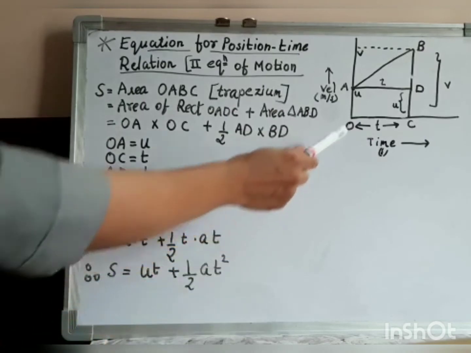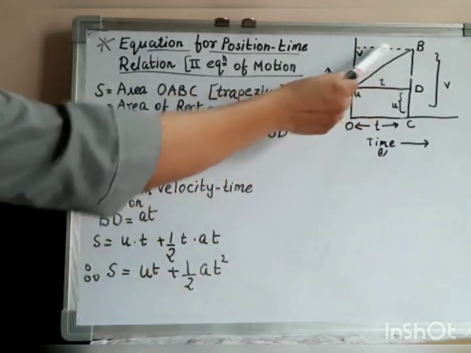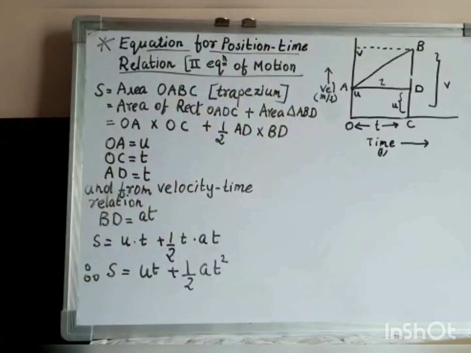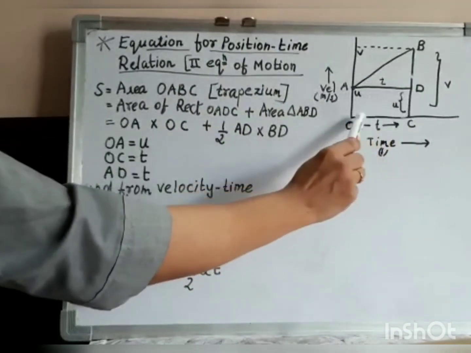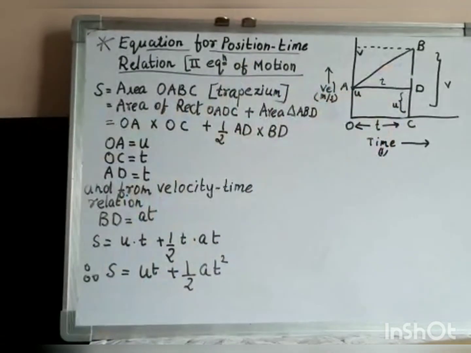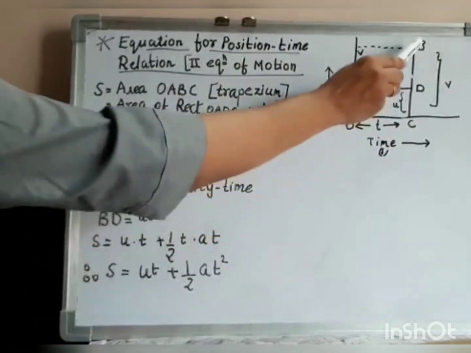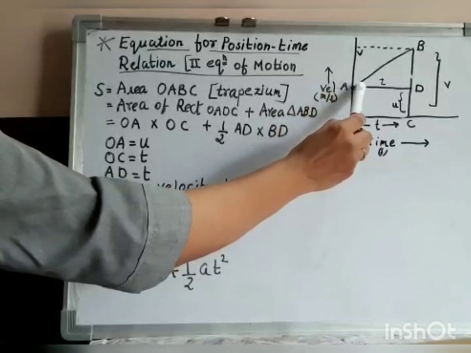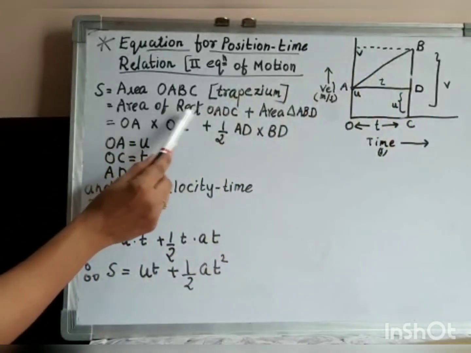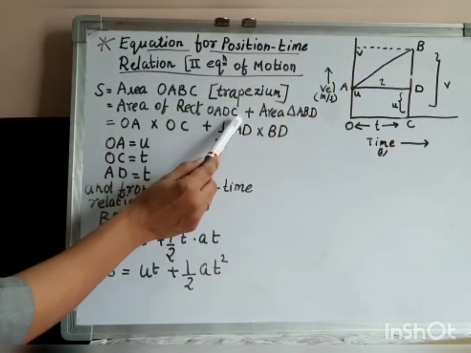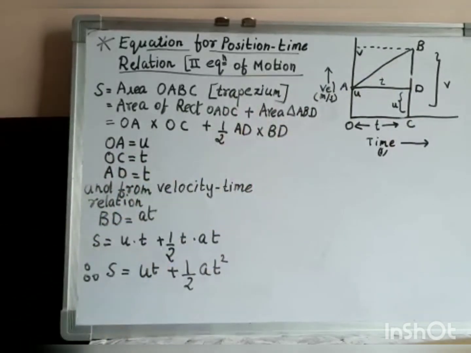Now if you see this clearly, this trapezium can be divided into a rectangle plus a triangle. This entire area of the trapezium is equal to the area of the rectangle plus the area of this triangle. So we will write area of rectangle AOBC plus area of triangle ABD.